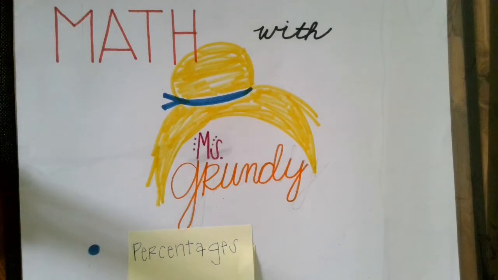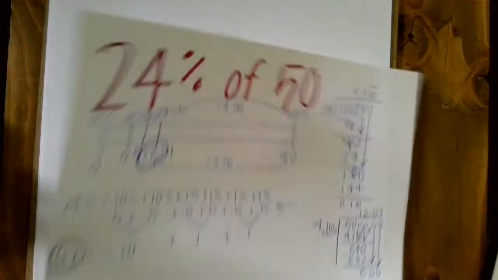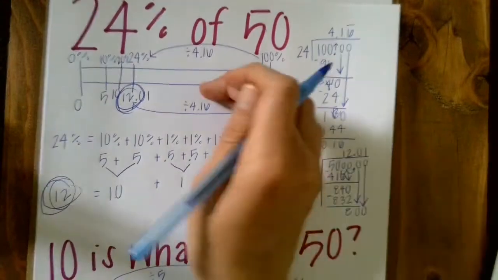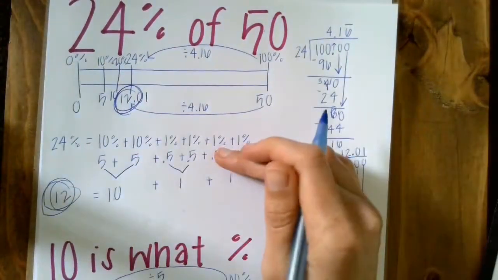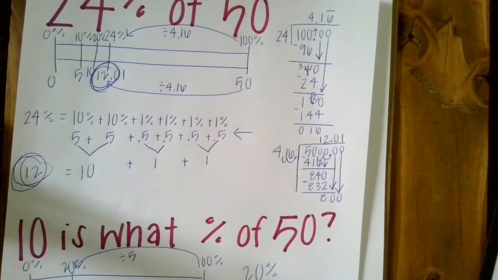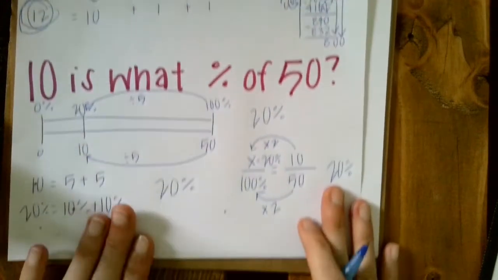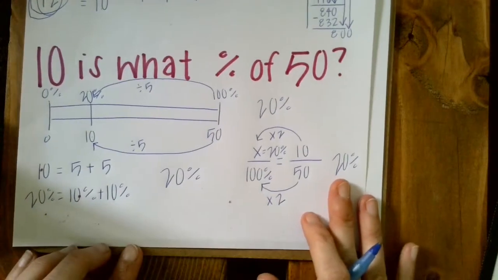I wanted to come make a second percentage video because there's a fourth way that you could find percents. Last video, we talked about the double number line, about the benchmark percents, and then about setting the percents up as a fraction. So these were the three ways that we did it.